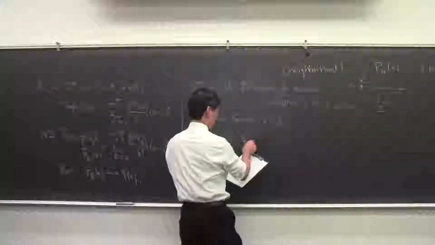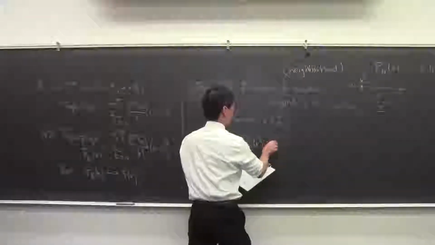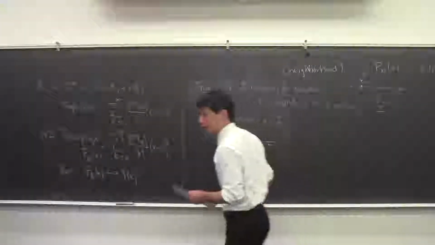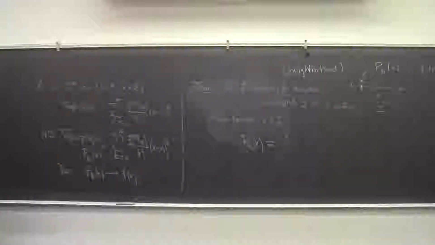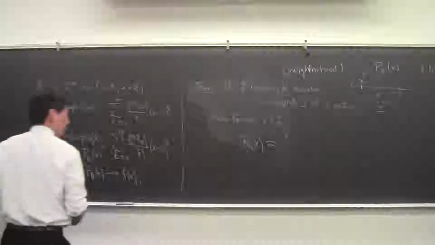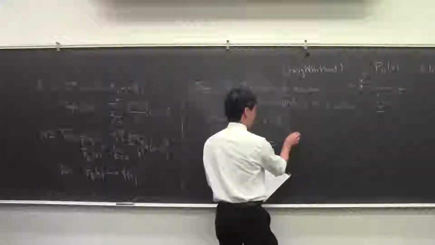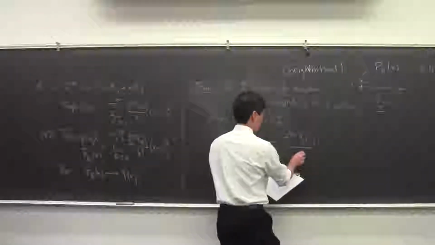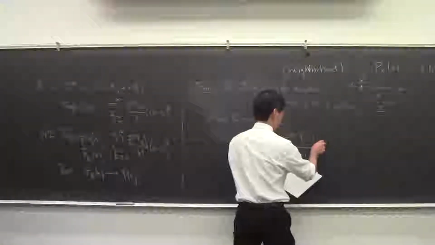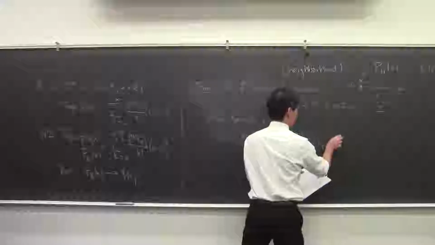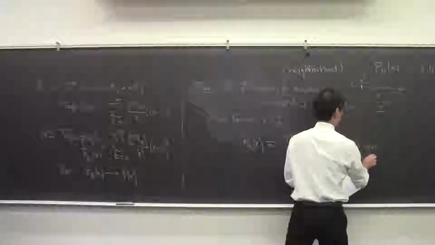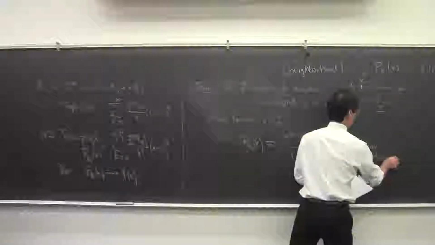the error equals the n plus 1th derivative evaluated at some point c over n plus 1 factorial times x minus a to the n plus 1, for some c between x and a.